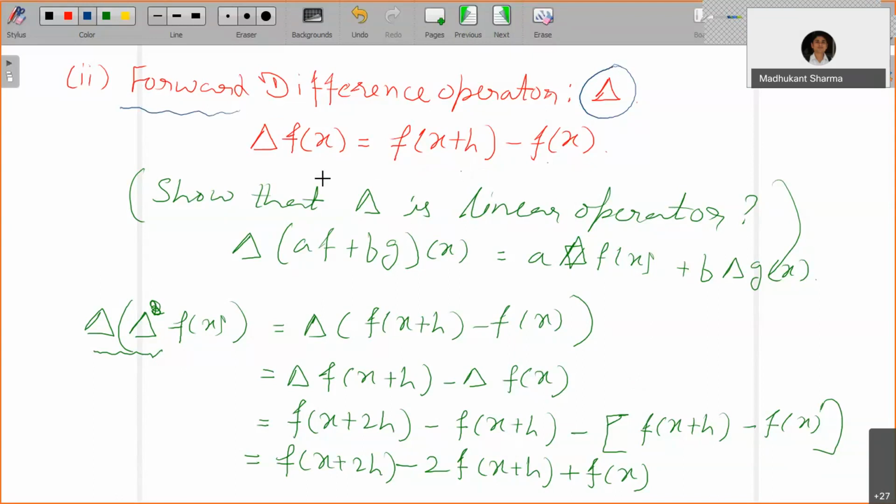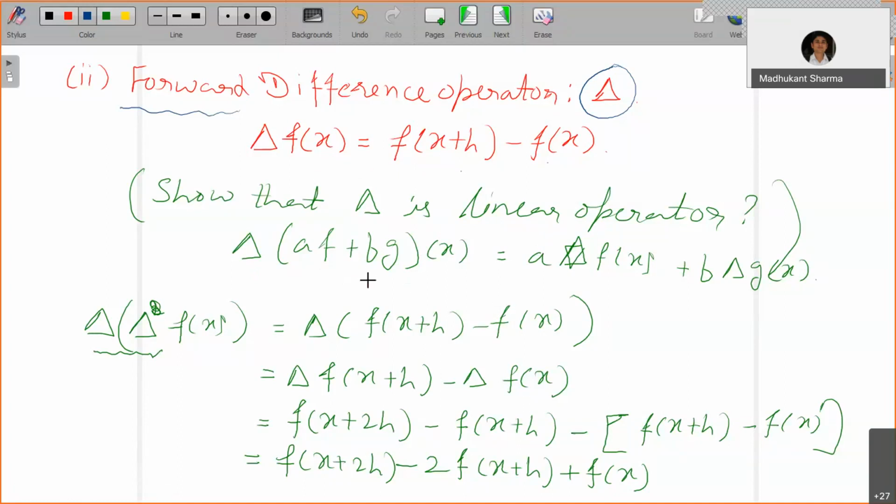You can actually prove that this operator is a linear operator. An operator is linear when it is linear with respect to scalar multiplication and addition of two vectors.